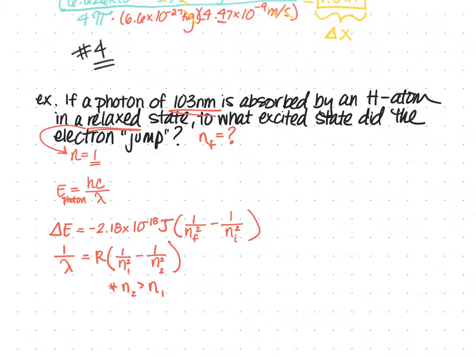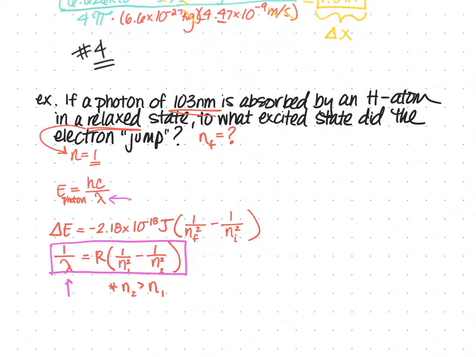Okay, so because the wavelength is given to me, I can either put the wavelength into this equation for the energy of the photon, or I can put it into this equation. Okay, so I am going to say that we'll use the Rydberg equation because it's a one-step process, and we'll see what we get from there and see if it matches what we have.